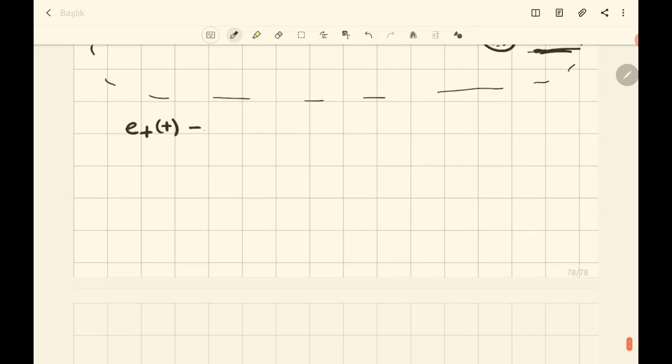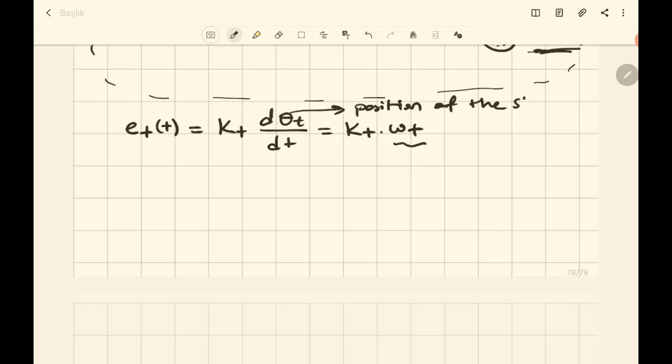e_t(t), which is the output of the tachometer, can be given as K_t times the derivative of the position of the shaft, dθ(t)/dt, and it will be given as K_t times ω(t). ω(t), as you know, is the angular velocity, and θ(t) is the position of the motor or shaft.